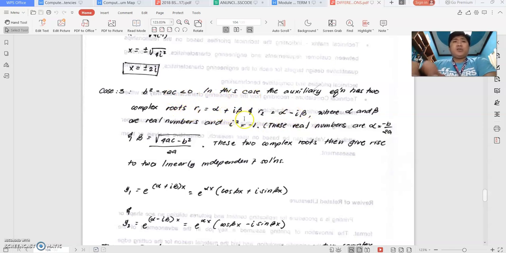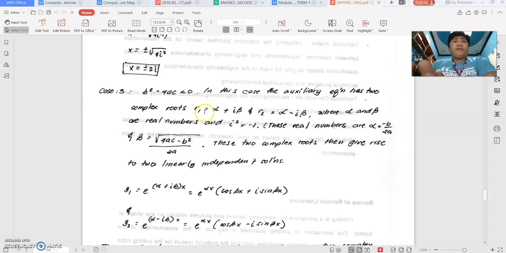The first root is alpha plus imaginary times beta. The second root is alpha minus imaginary times beta. So positive, negative. Where alpha and beta are real numbers and i squared is equal to negative 1, that is our imaginary.